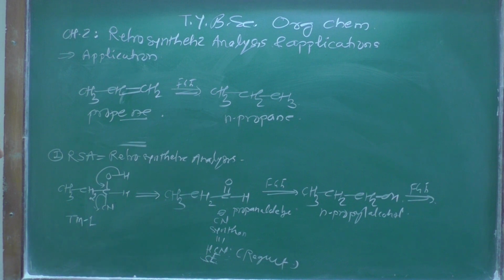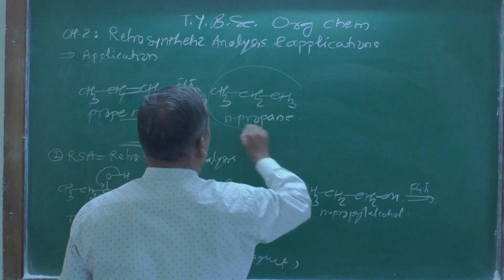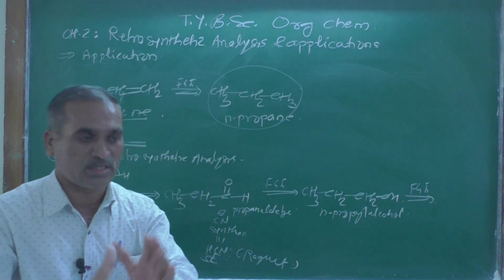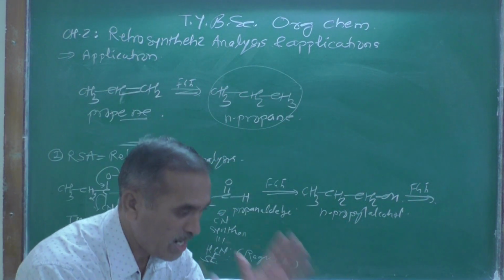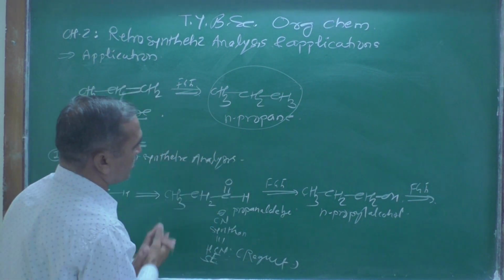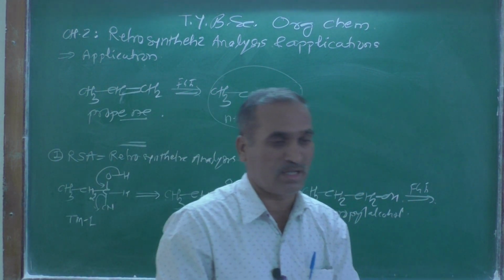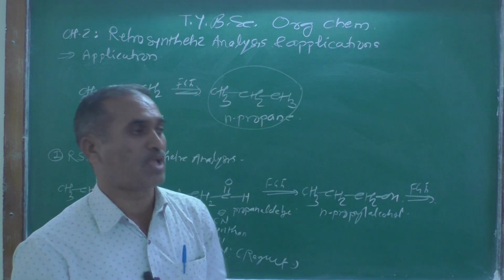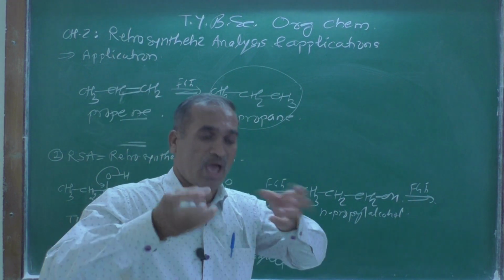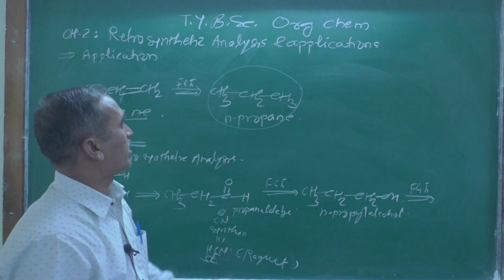Now let us start. Now we got this as our starting compound, our precursor. Retrosynthetic analysis, or retrosynthesis, means an imaginary but logical reverse chemical reaction which helps us to reach the reactant starting from the target molecule.